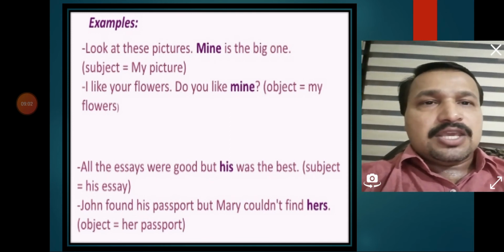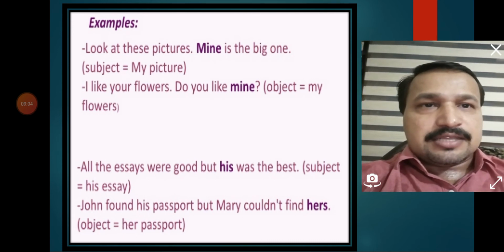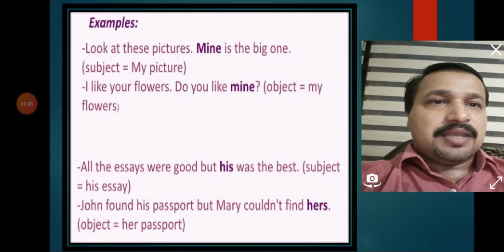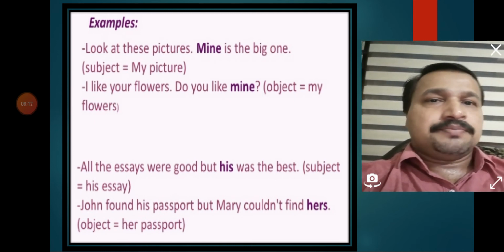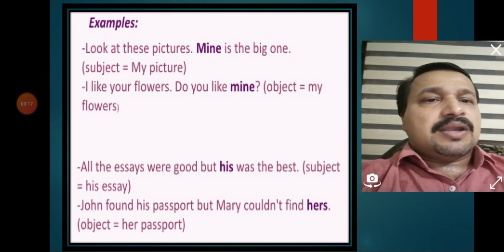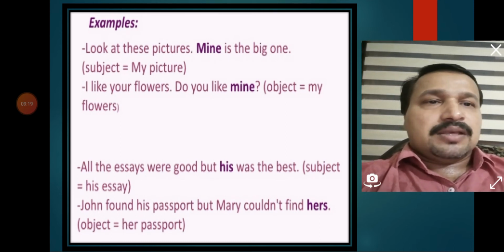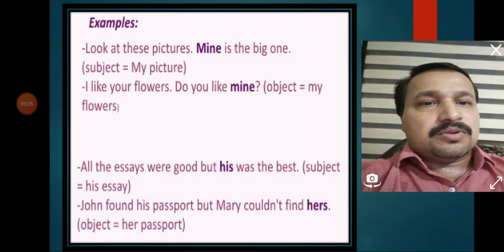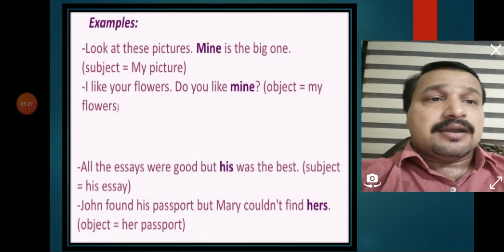There you can see your is considered an adjective. Then, do you like mine? Mine means my flower. So my flower is the antecedent. Then, all these essays were good, but his was the best. That his stands for his essay. John found his passport, but Mary couldn't find hers.